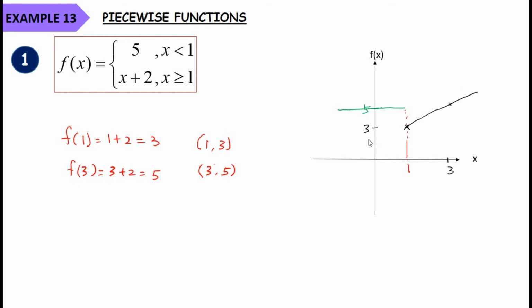So the range of f should be 3 to infinity. So we write: the domain of f is all the real numbers, and the range of f is 3 to infinity. 3 is included.